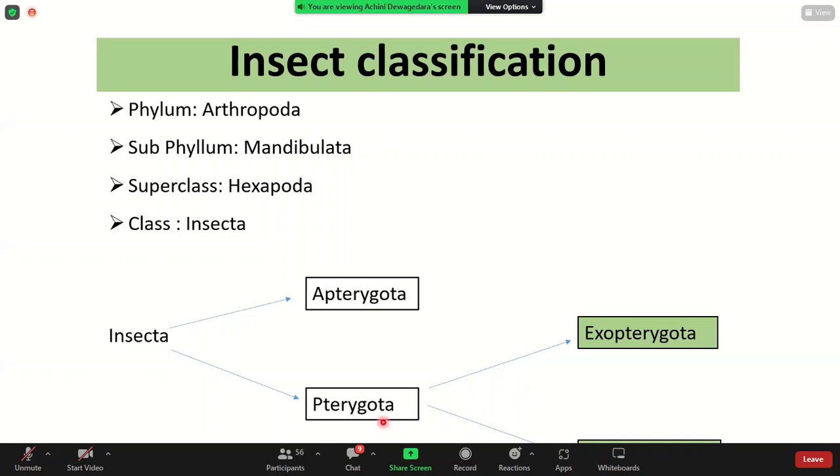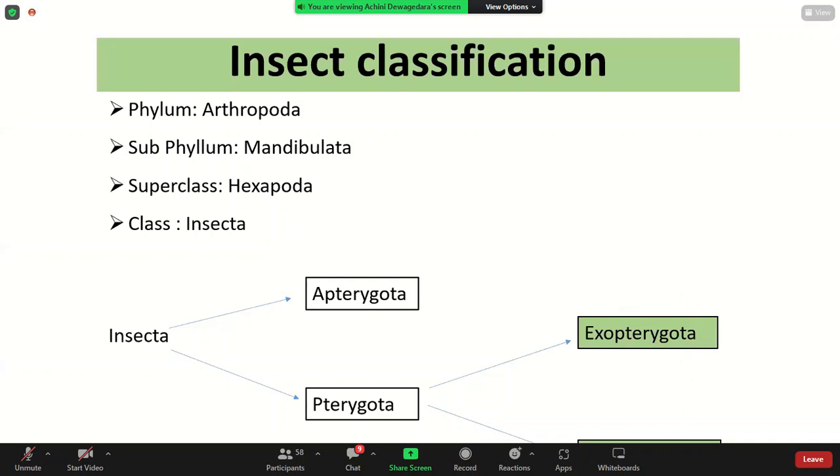Again, we can classify pterygota into two. Insects with wings can be classified into two categories: Endopterygota and Exopterygota. Endo means inside, exo means outside. We discussed that the exoskeleton is present outside the body. Pterygota means wings.